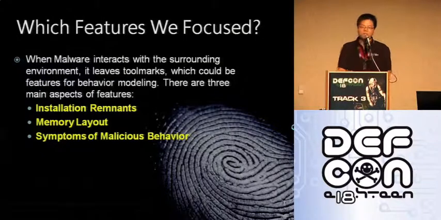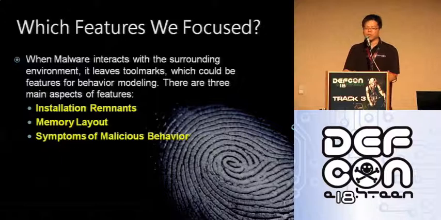So you might be wondering, what kind of features do we try to get when we study this snapshot of an environment? There are three aspects of features that we try to collect and analyze. The first one would be the installation remnants. These are the installation files after the malware tried to execute on the system. They could be startup files, or they could be additional registry keys.